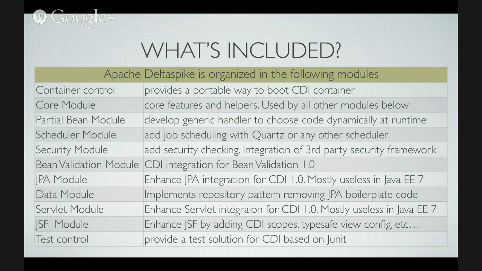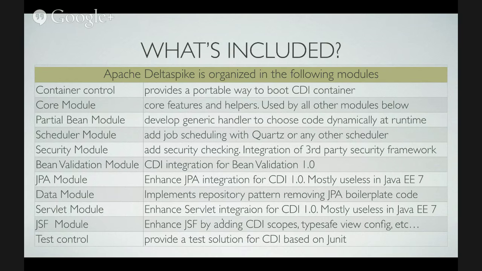JSF module adds a lot of stuff around JSF. There are a lot of things in this module, and I won't cover it in this presentation. And lastly, the test control, a module to help you create tests for your application.